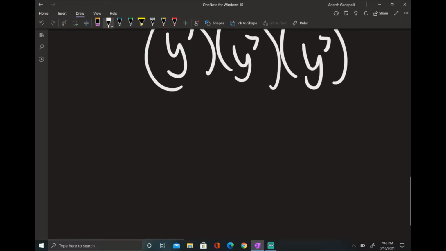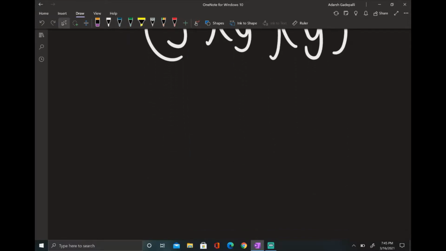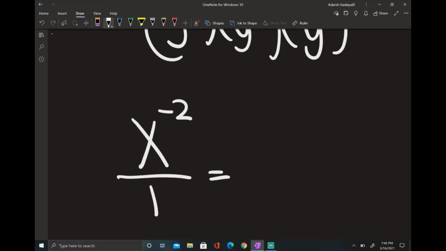The final main property is the negative exponent. If I give you x to the negative 2, the one thing in math you never want to do is leave a negative exponent. To get rid of it, you flip it to the denominator. You can write this over 1, and it would be equal to 1 over x squared.